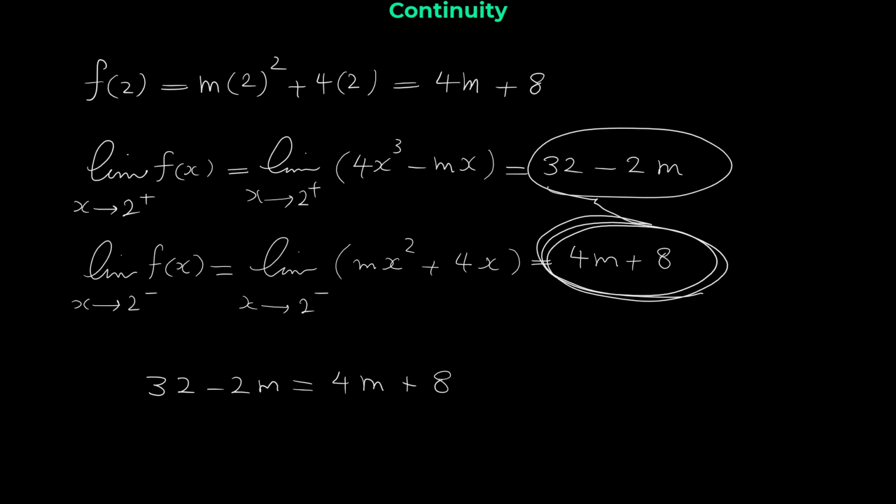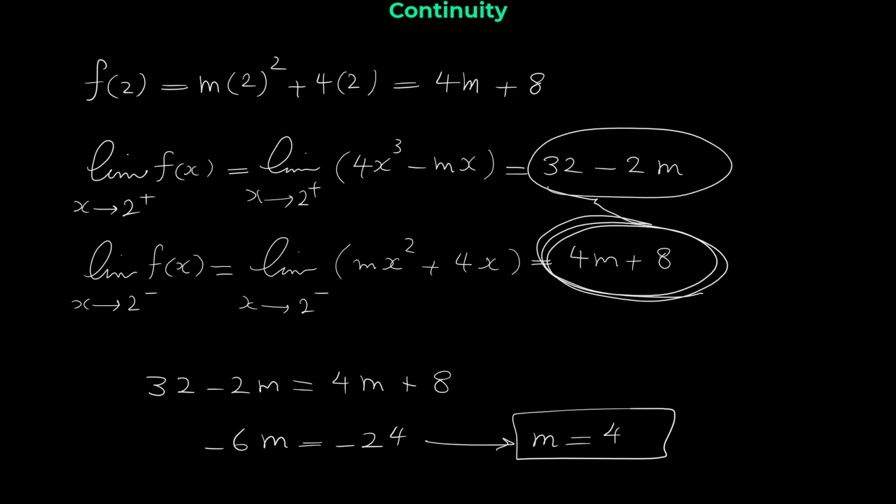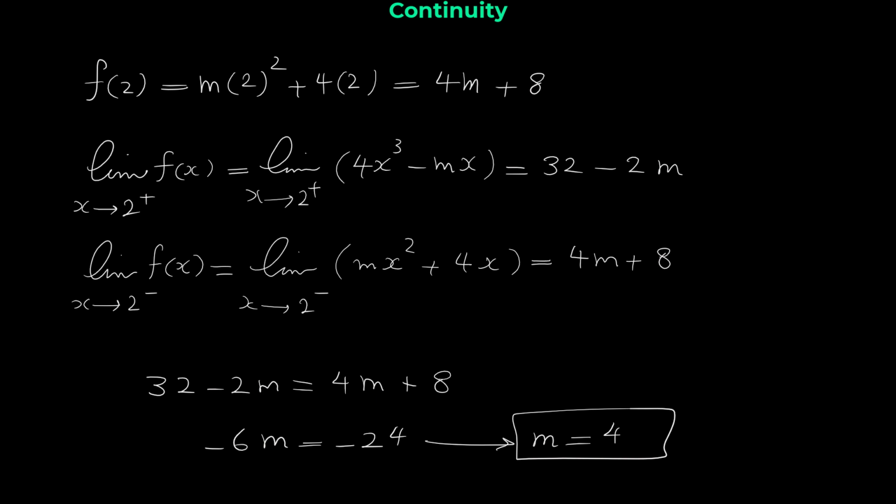If you rearrange this equation, subtract 4m from both sides, and subtract 32 from both sides, you can see that negative 6m would be 8 minus 32, negative 24. And from this, if we divide both sides by negative 6, m would be 4. So the value of m that makes this function continuous is 4.